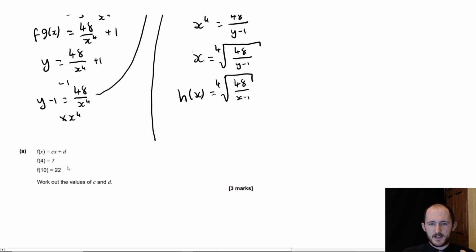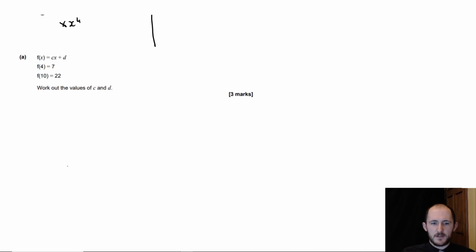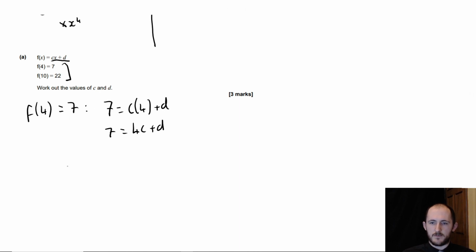But anyways, okay. So, in this expression we have 2 unknowns. We also have 2 equations. So I'm going to write out those equations. So f of 4 equals 7. So how would I write that? I would write 7 equals c times 4 plus d. So 7 is equal to 4c plus d.